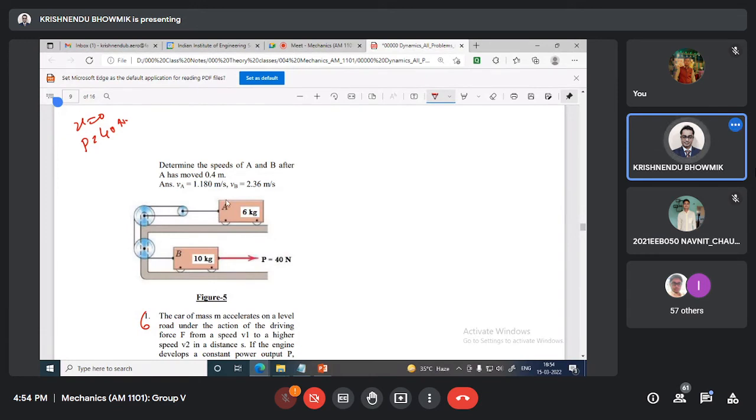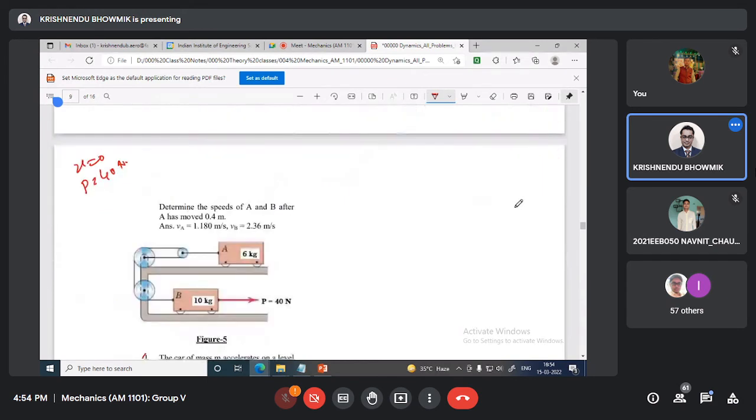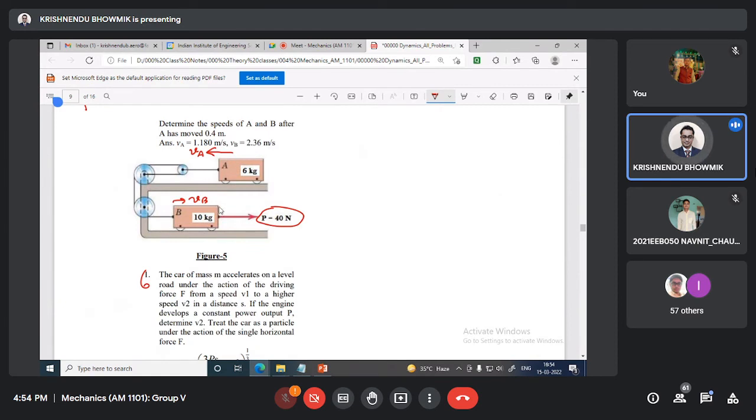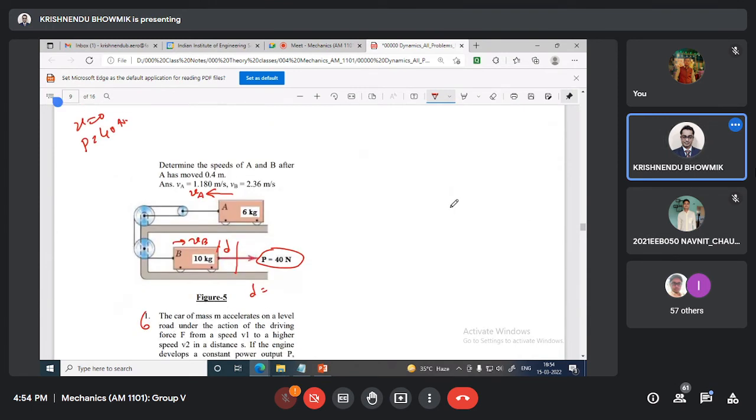This is the load you have applied here. So this is the displacement, VA in that direction, and this will be VB. This point is finally moved to delta equal to 0.4 meter. Okay.